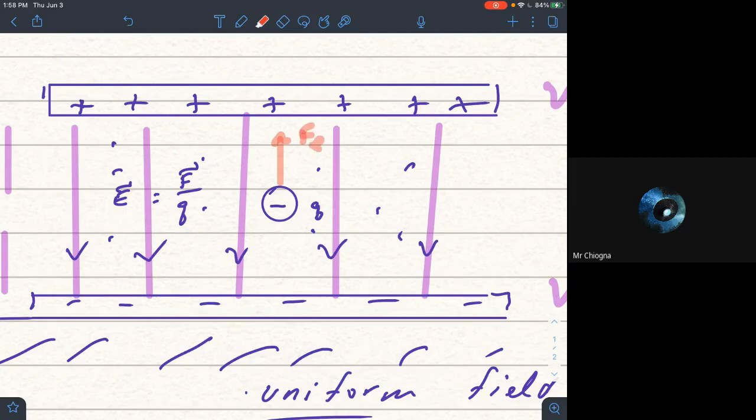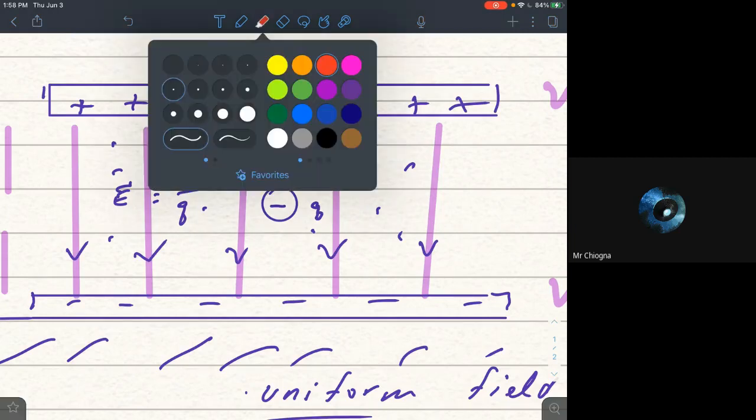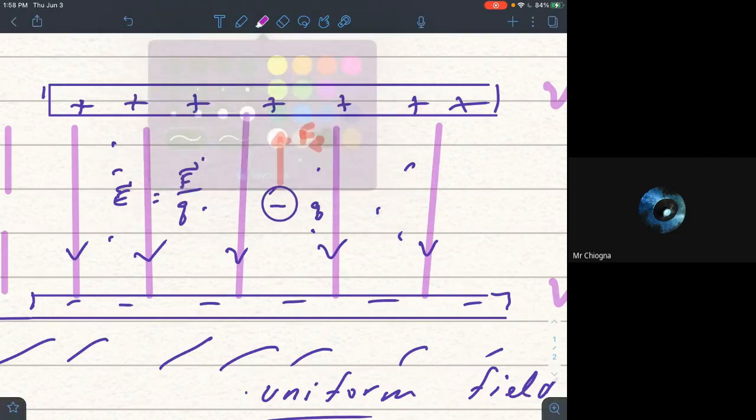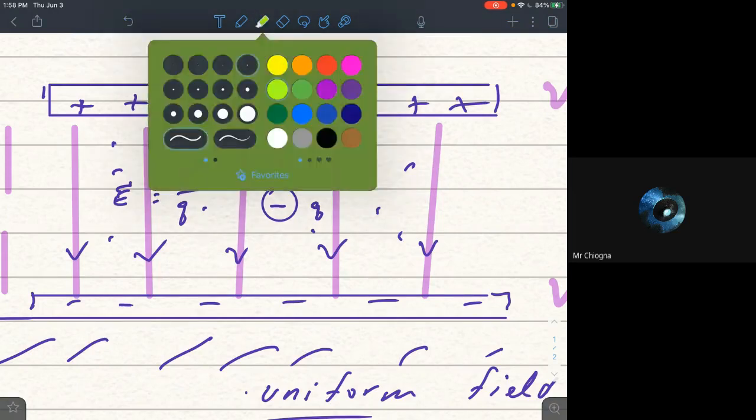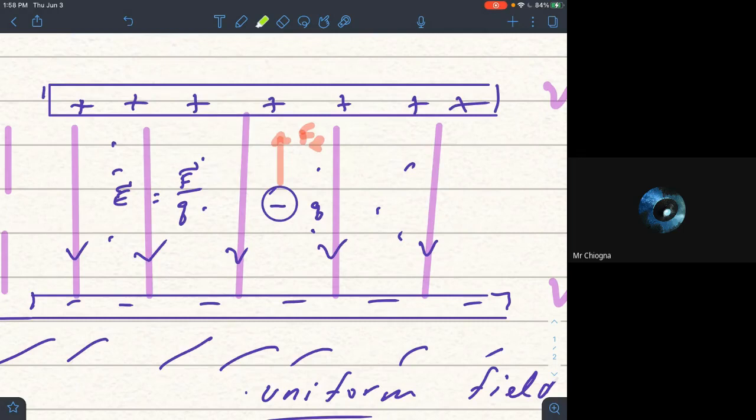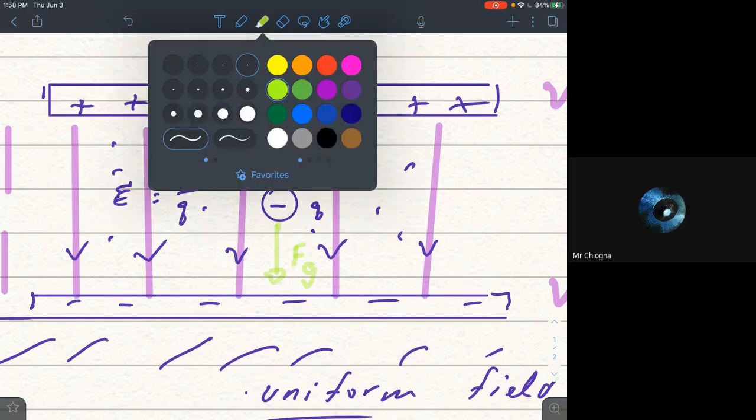Now we're on the floor. This sandwich of parallel plates is on the floor. Is there any other force acting on this charge? Yeah, gravity, which is acting down.